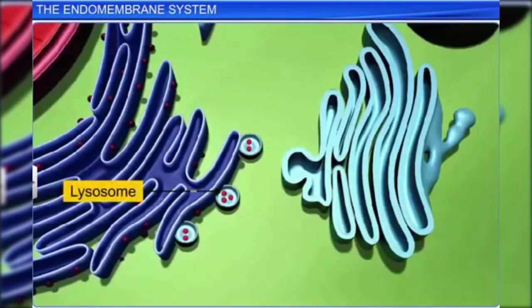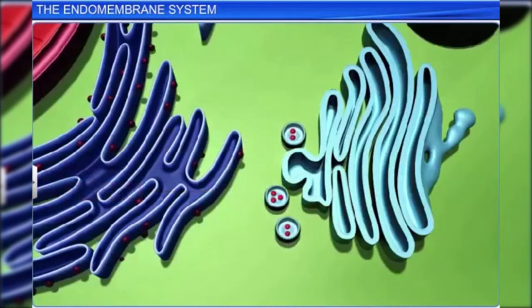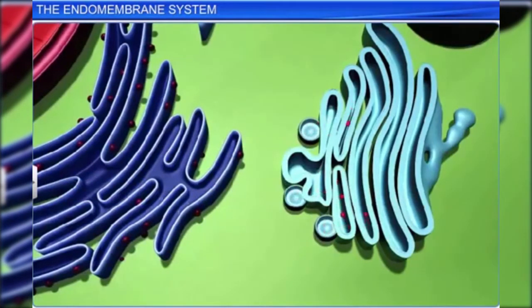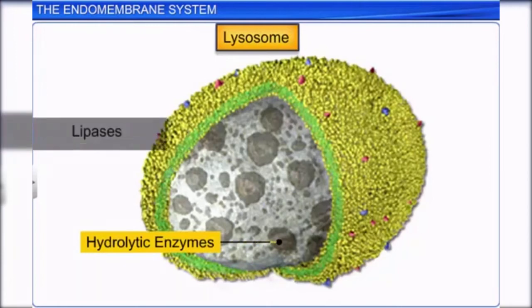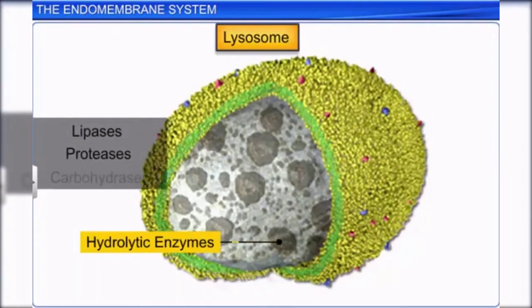Lysosomes, another member of the endomembrane system, are single-membrane vesicular structures formed during the packaging process in the Golgi apparatus. They contain hydrolytic enzymes such as lipases, proteases, and carbohydrases that digest lipids, proteins, carbohydrates, and also nucleic acids.